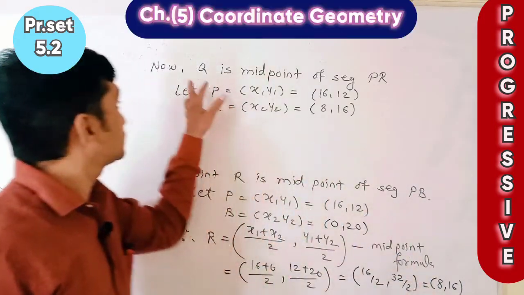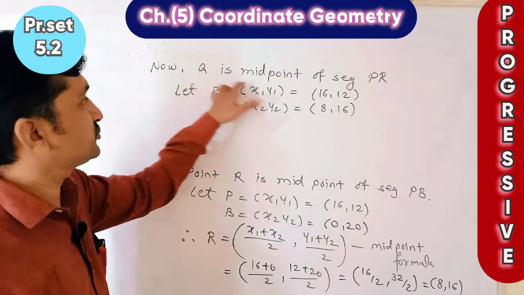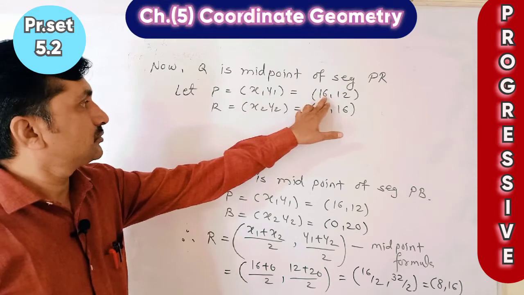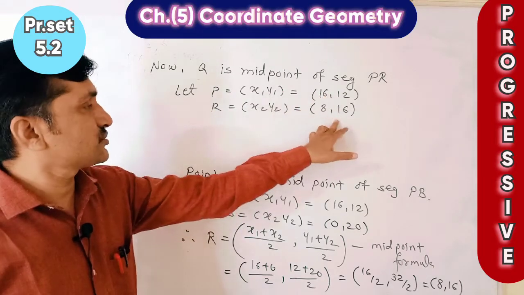Next, point Q we want. Q is the midpoint of PR in the figure. Now P is (16, 12) and R is (8, 16).